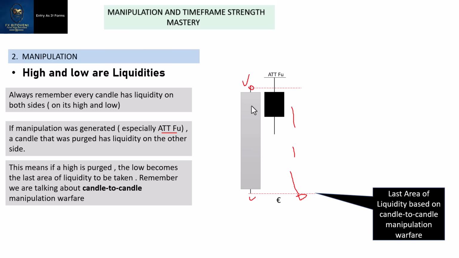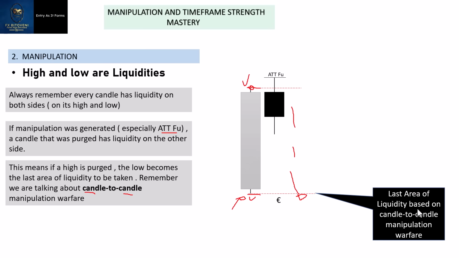Every candlestick has liquidity on both sides. So this one is taken. This one is still here. So we need to see it taken. So this is the last area of liquidity when we are studying candle-to-candle manipulation warfare. Hope you understand.